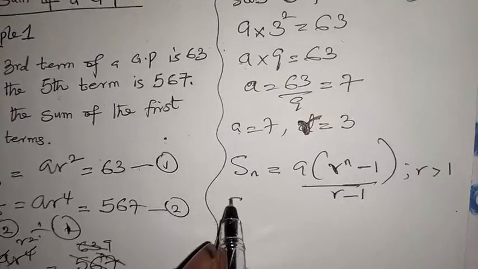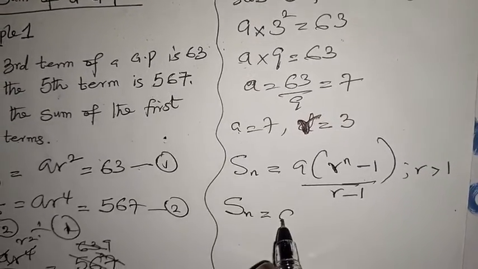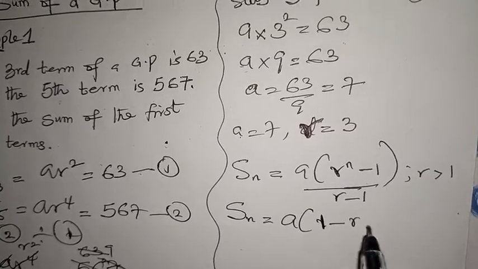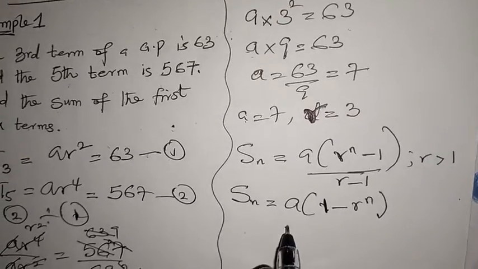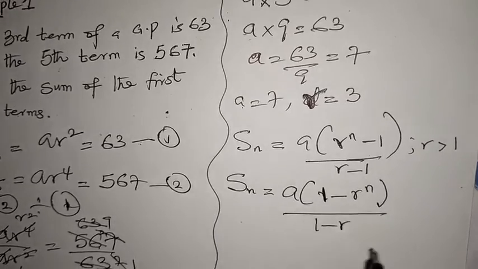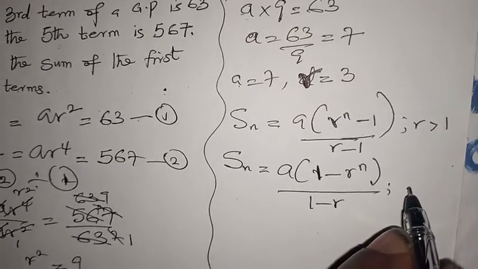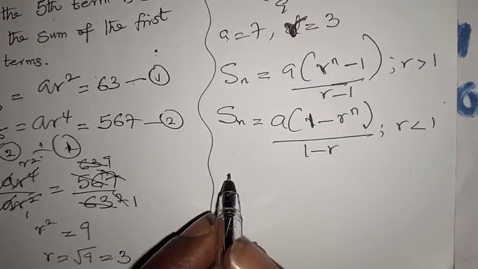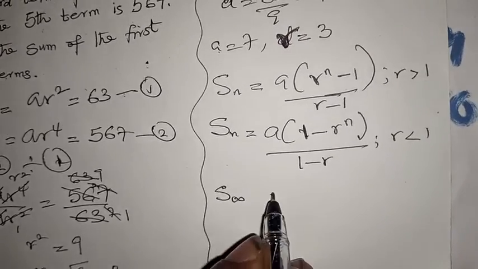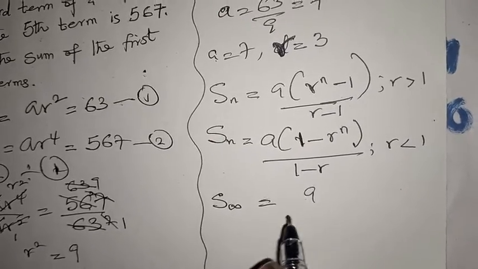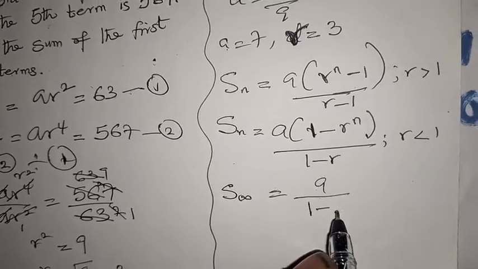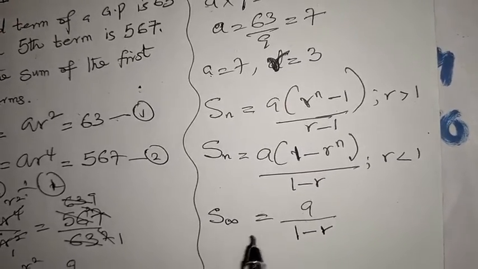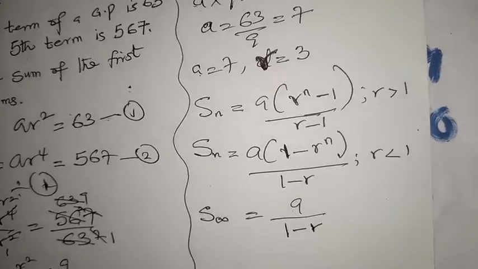Then the second one is Sn equal to A times 1 minus R raised by n, close the bracket, over 1 minus R. You use this one when R is less than 1. Then the third one is the sum to infinity. Sum to infinity is equal to A over 1 minus R. This formula is for sum to infinity.